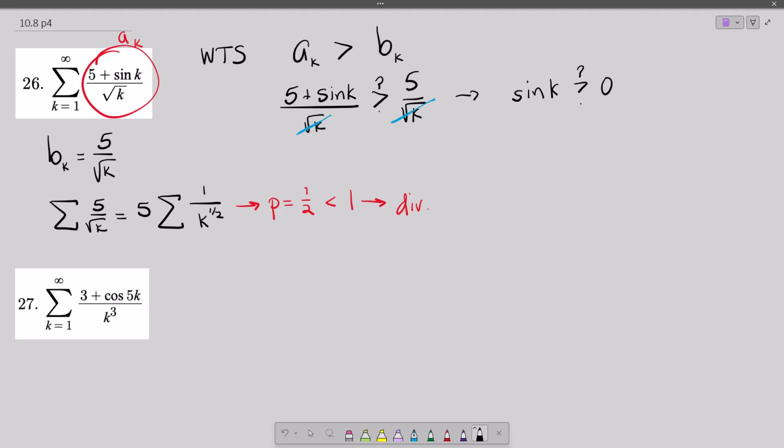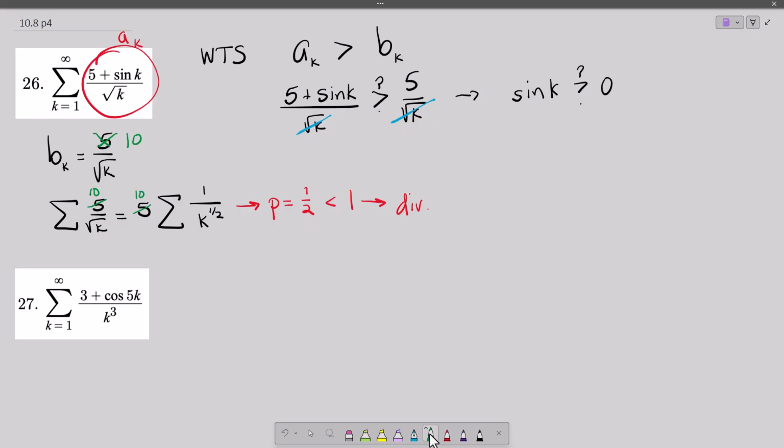But the only issue was this constant right here. If we come back here and say, wait a minute, let's just choose a bigger constant. Let's choose whatever number you want that's, say, bigger than 6. Let's pick 10, just for the heck of it.